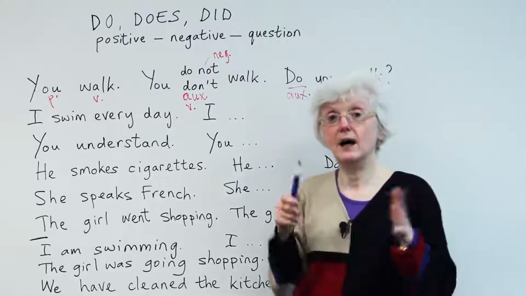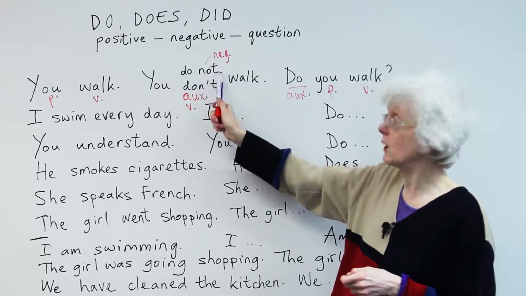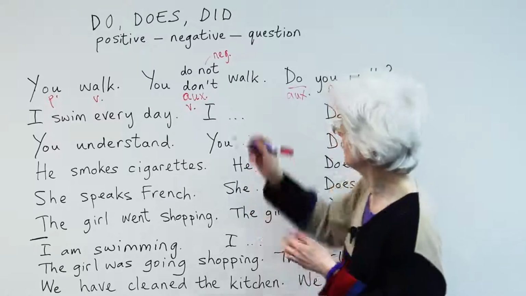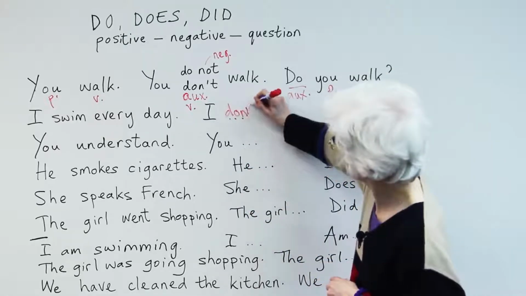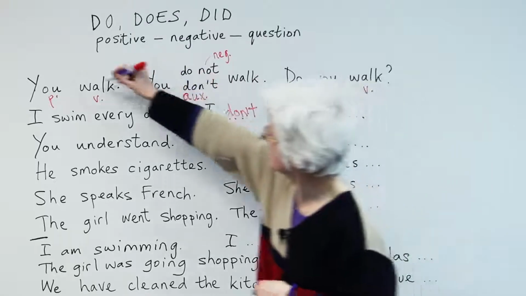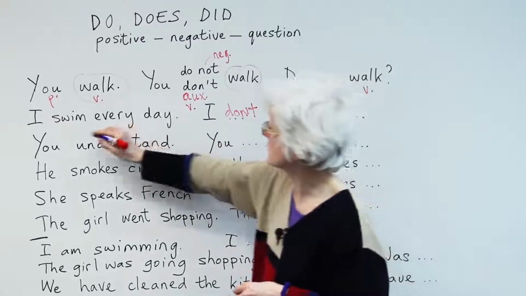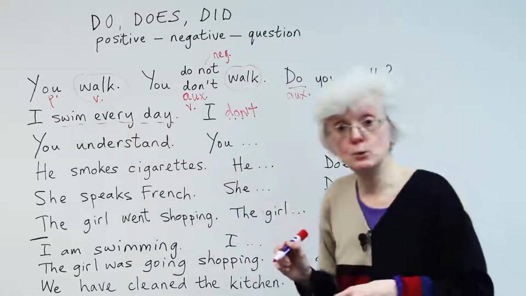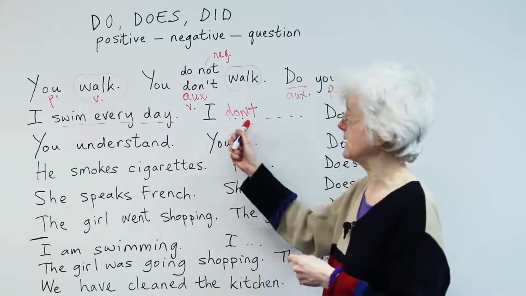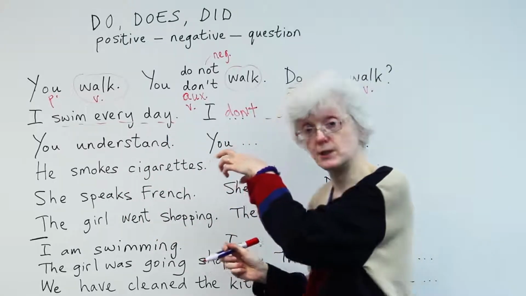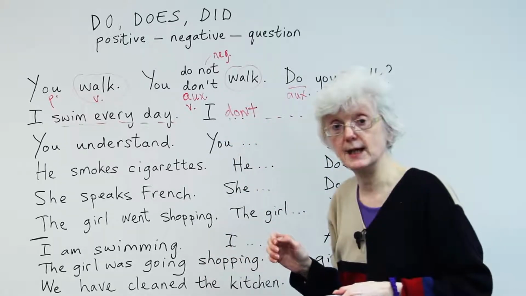I, then we have to use do not, don't, I don't. And then it's the same. We've got walk there and swim there. So it's just, I don't swim every day. Okay, so you just have to put don't in there. I don't swim every day.